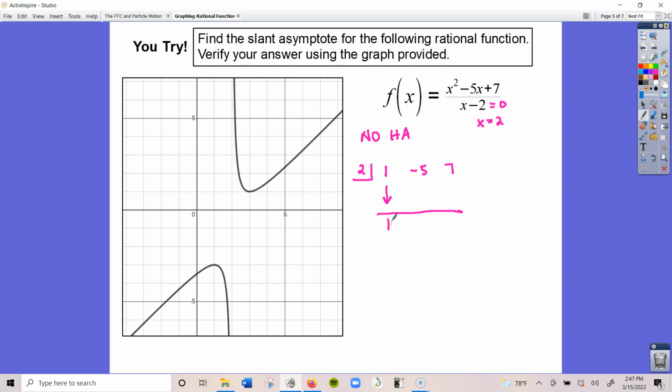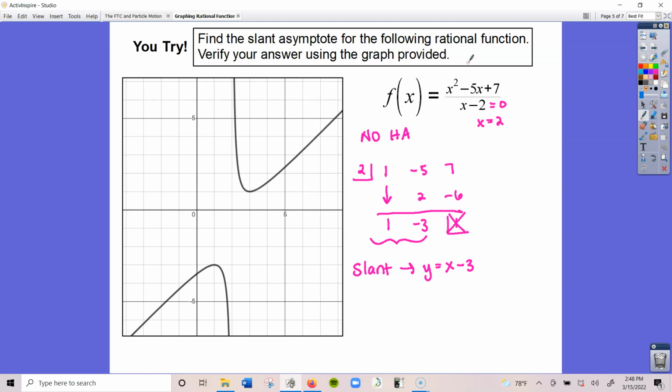Bring down the 1. 1 times 2 is 2. -5 plus 2 is -3. Times 2 is -6. And 7 minus 6 is 1, but the remainder, remember, does not necessarily matter. This is going to be the equation of my slant asymptote. So the equation is y is equal to 1x minus 3.